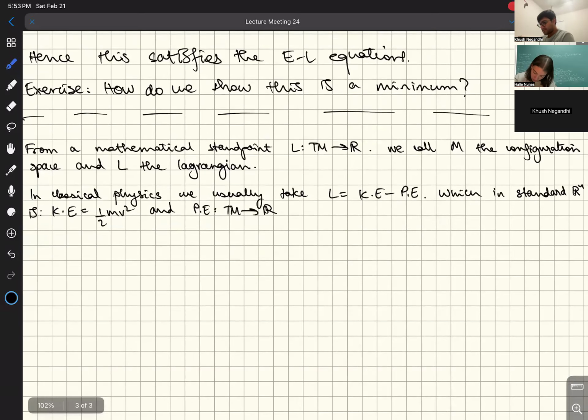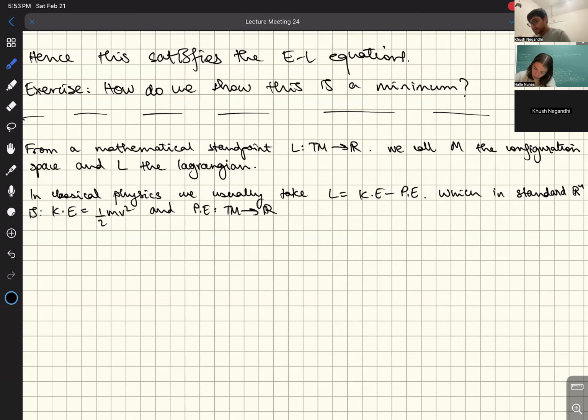But now, what does 1/2 mv squared really mean on a manifold? There are actually a couple of fun ways to think about what mass means mathematically. On one end, you could have mass be a thing on its own, but you could also have mass be embedded into the geometry of M itself.